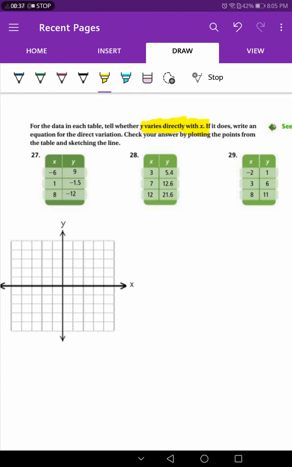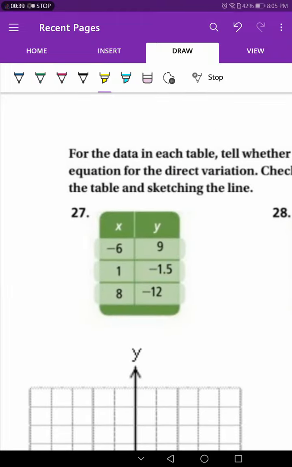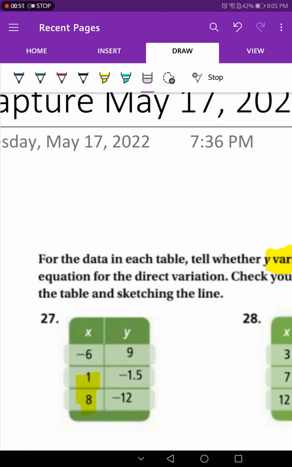My dear student, he gives you only the table with the x values and the y values. If you remember in part 2, I said for you to find the k. If you have x values and y values, you easily find the k by dividing y over x.